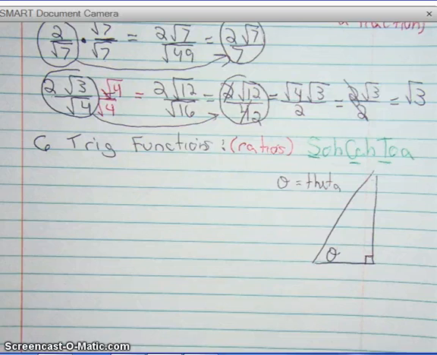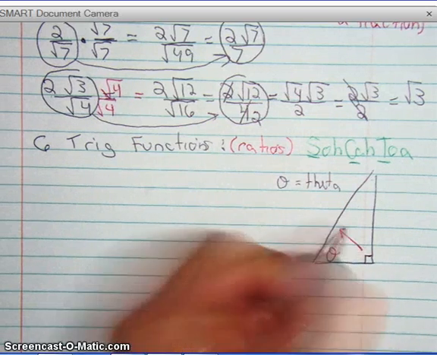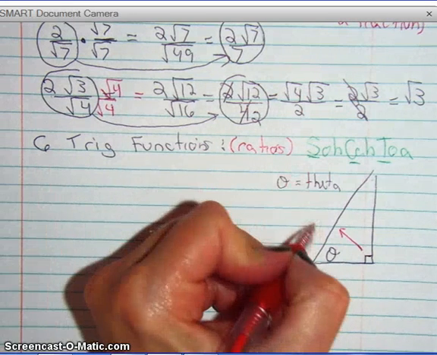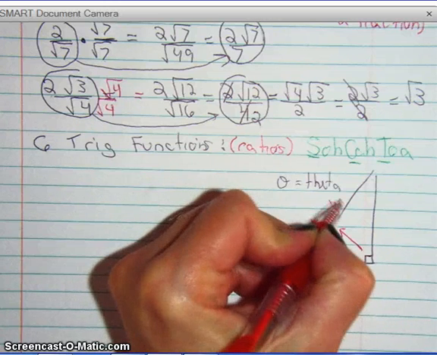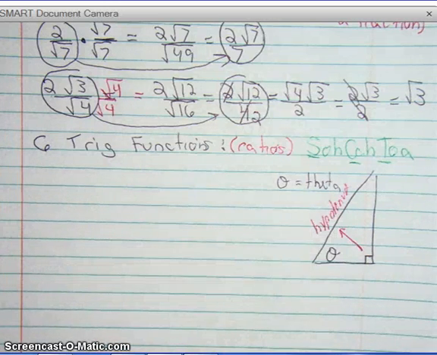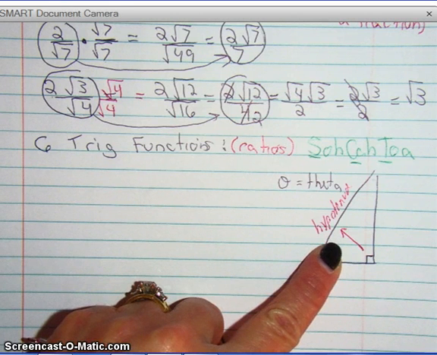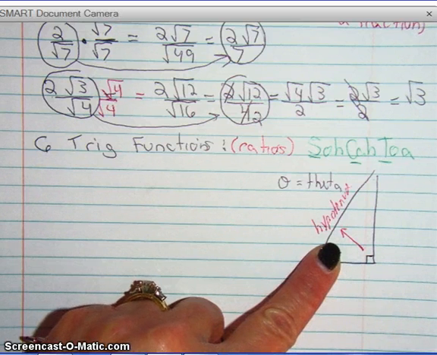In a right triangle, the side opposite the right angle has a name. What is it? That's the hypotenuse. Now, if you put your finger on theta, the other two sides from theta: you always put your finger on the angle, it always works.